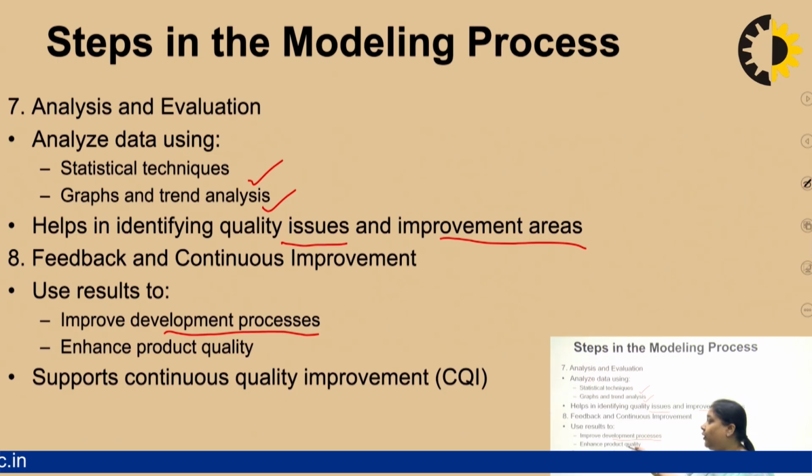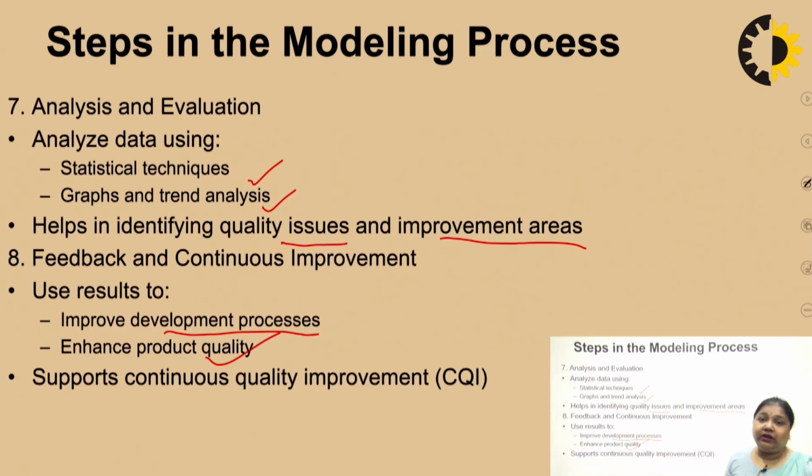This is also an important part: to enhance the product quality, we use our previous feedback on our product or software, and we can easily list out the points where our product lacked in the previous version. Then we can easily improve that product in terms of quality or in terms of any development process. So it supports continuous quality improvement, CQI.